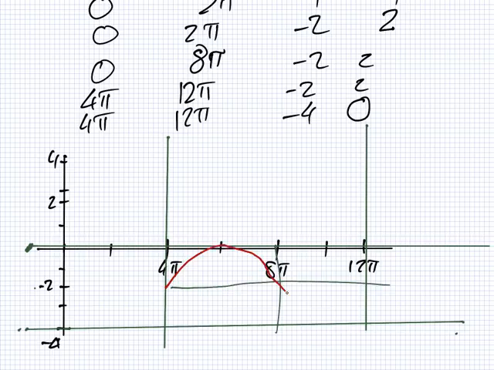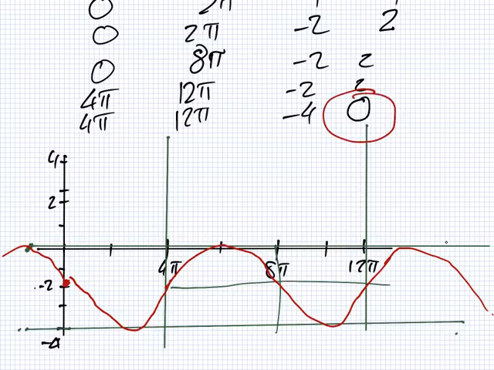Up, down, up. That's what it looks like. Ugly, but for exam purposes, okay. 0 is the top, minus 4 is the bottom, starts at 4 pi, finishes at 12 pi.